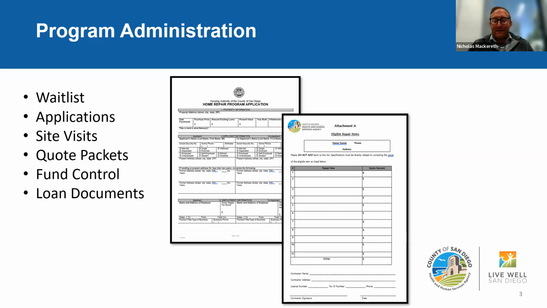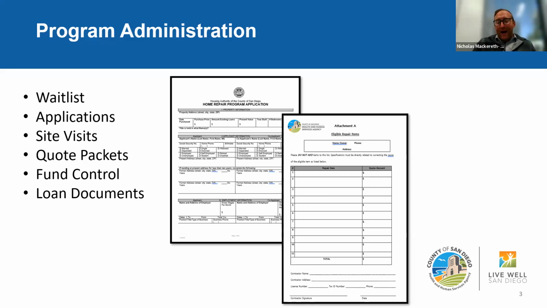All contractors must be licensed by the state of California in the category of work required and have liability insurance. The homeowner chooses the contractor of their choice and returns all quotes, notating their choice of contractor. The county then prepares the grant and loan documents that are required, and all of that is, of course, required to be returned to us.